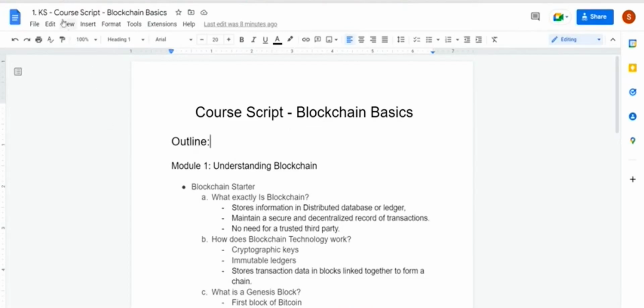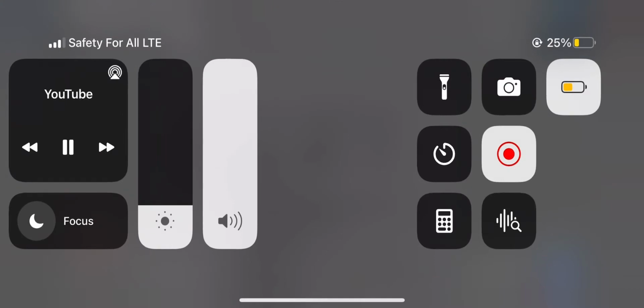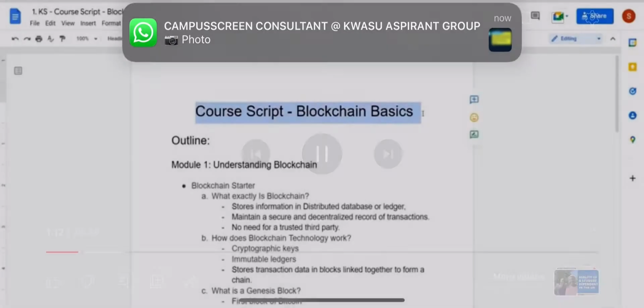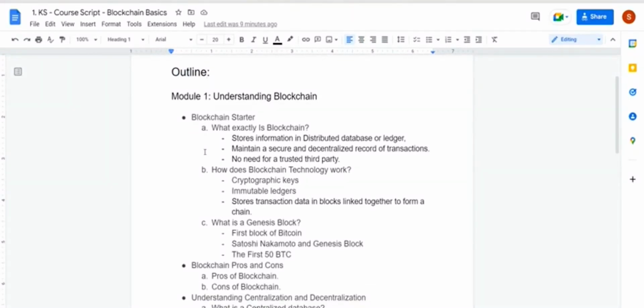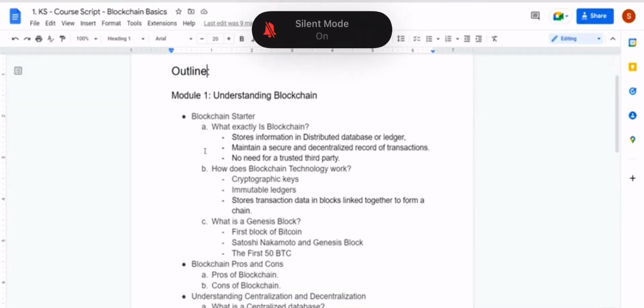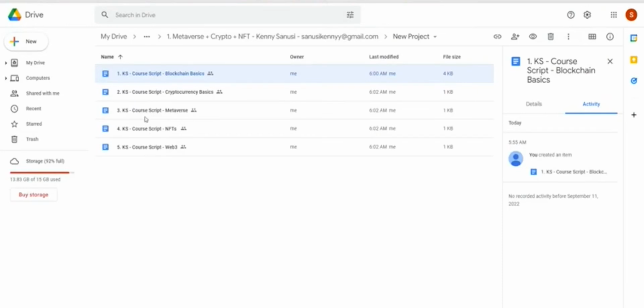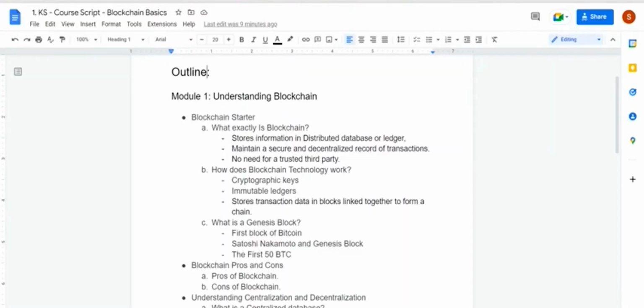So here it is. The first course is course script blockchain basics. This is the course script and this is the outline. We will have two modules for each of the courses that we are talking about.